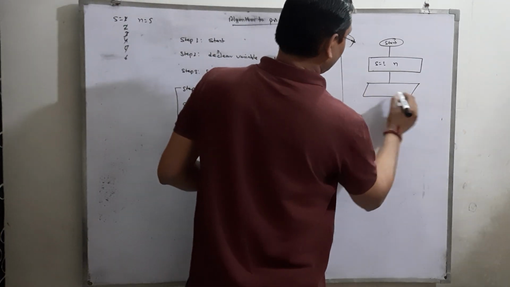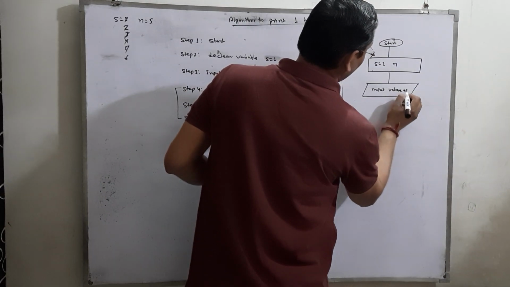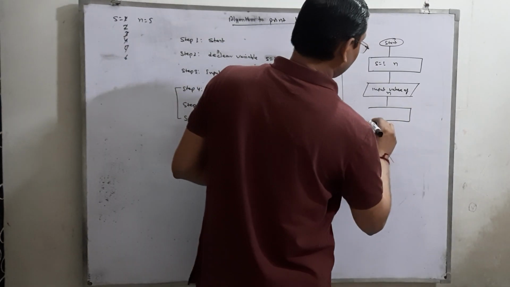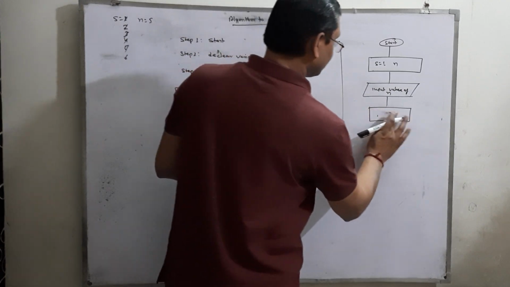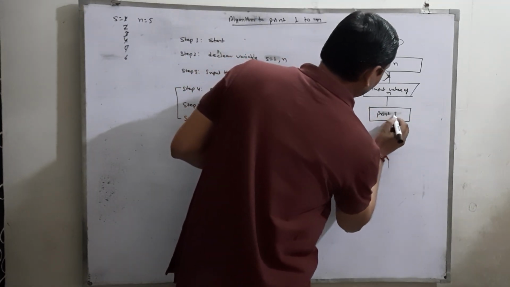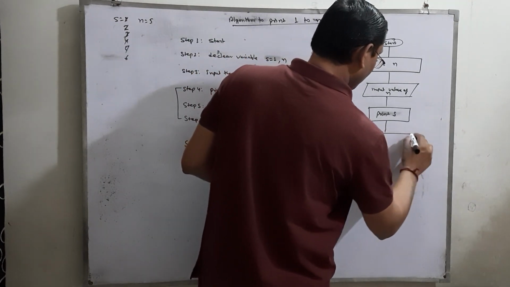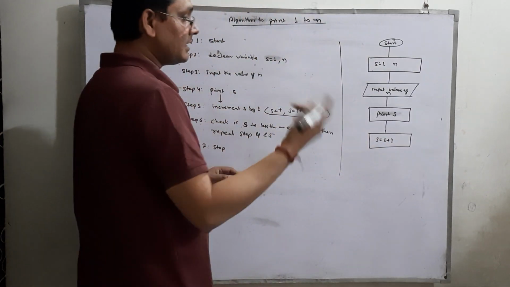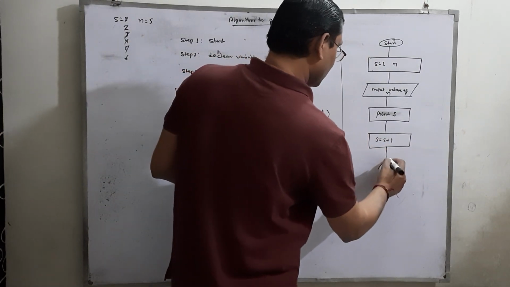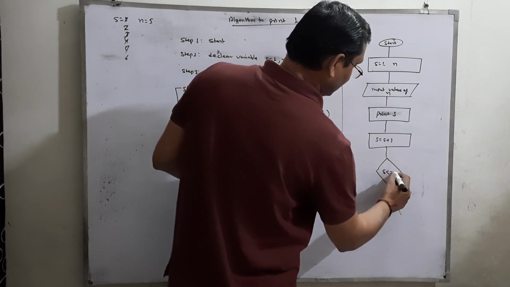Input the value of n. Print s. Increment s by 1, s is equal to s plus 1. Check if s is less than or equal to n.